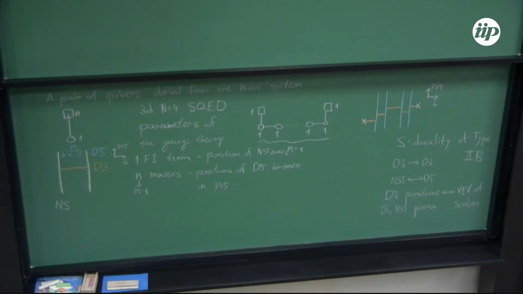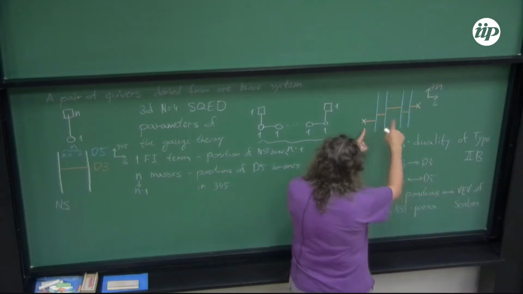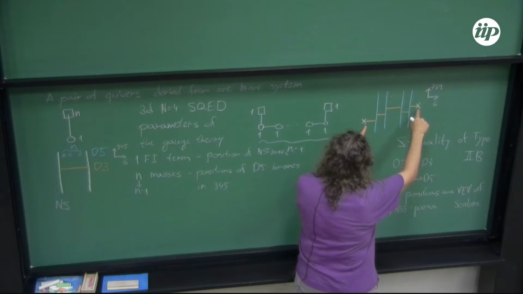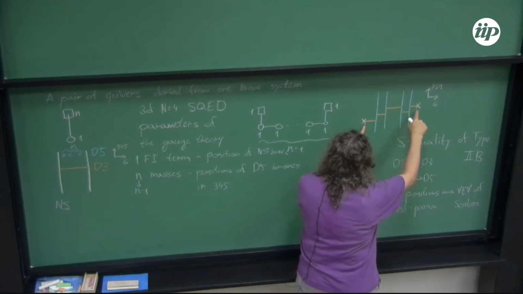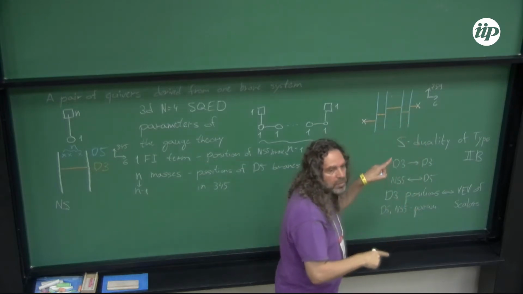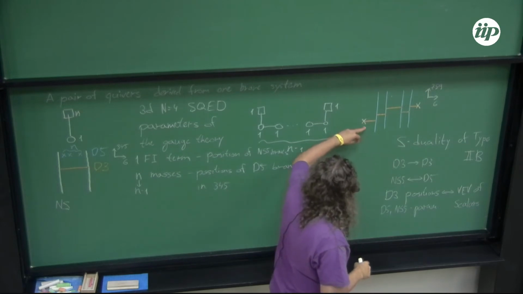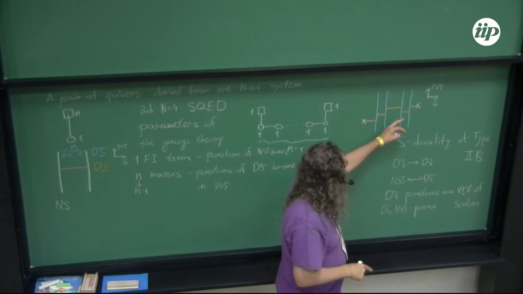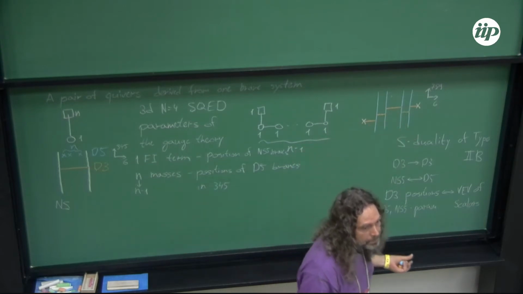Fayet-Iliopoulos term. So in this picture, I have 2 positions of 5 branes and n minus 1 positions of 3 branes. And so as we argued here, those n-1 positions will parameterize the Higgs branch. Right?